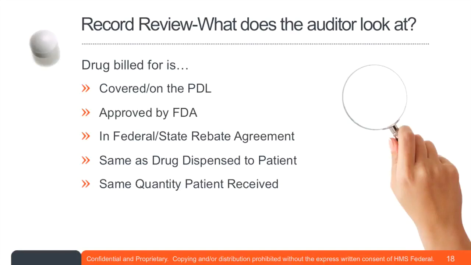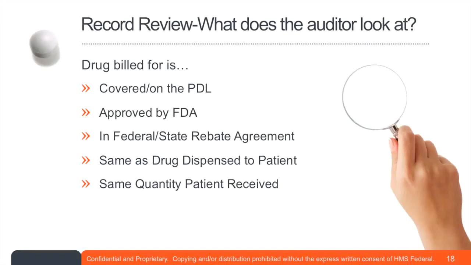Every third-party payer has a PDL, and there are different criteria for when a drug that's not on that list can possibly be paid for. So it's important to be familiar with that, and that's what we're going to look at. We will also look to make sure that the drugs billed for are approved by the Food and Drug Administration, or the FDA.